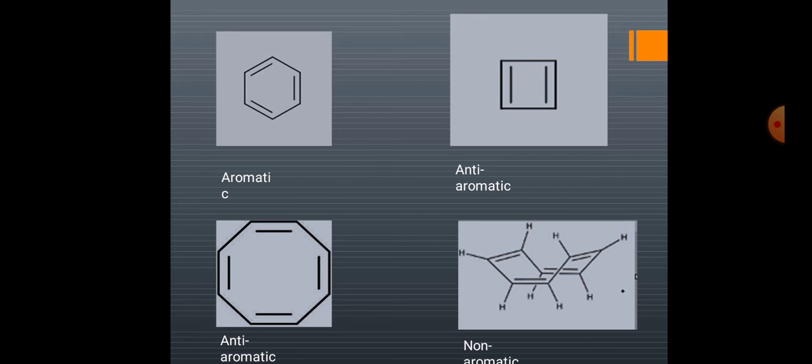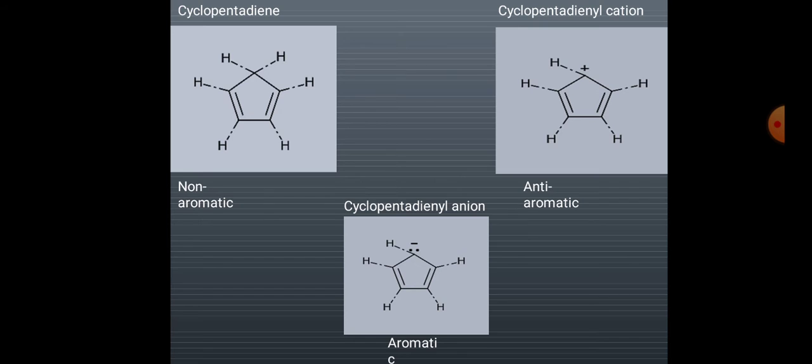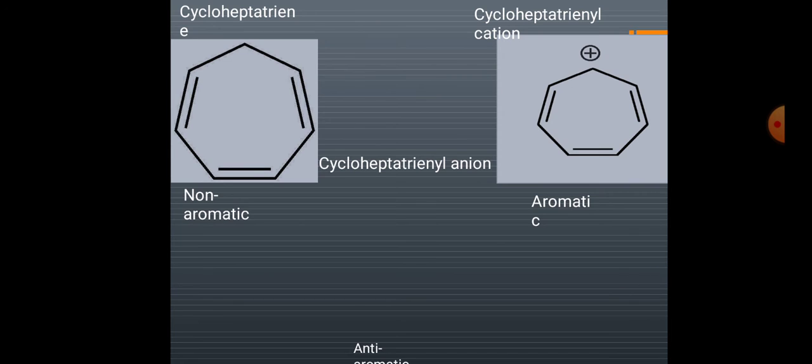So these are the various systems. Actually, you have to study only aromatic systems, but you must be aware of systems like anti-aromatic and non-aromatic also. Now there are more examples of non-aromatic, anti-aromatic and aromatic systems.